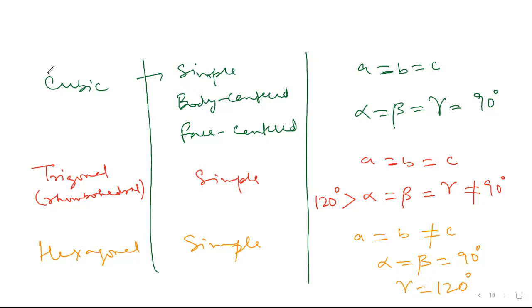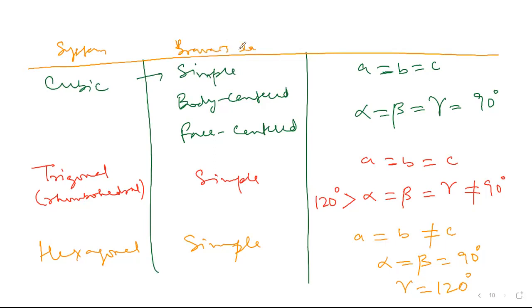So let me write the heading of the table. This was system. This is Bravais lattice. And this is unit cell characteristics.